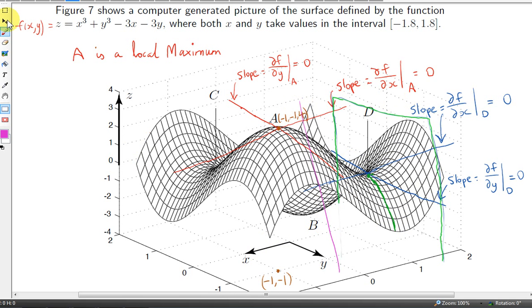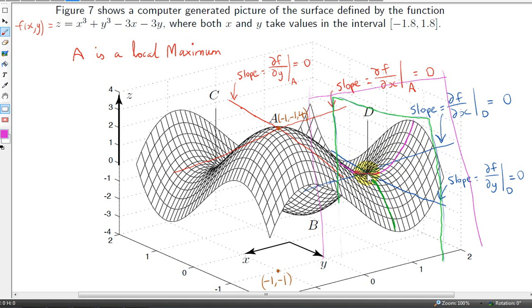So roughly it would look like this, and this plane would contain this tangent here. This is a tangent to one of these curves here, maybe this one here. Well, this line here is meant to be a tangent to this purple curve, and this blue line here is meant to be a tangent to this green curve. Anyway, these two derivatives will be 0.